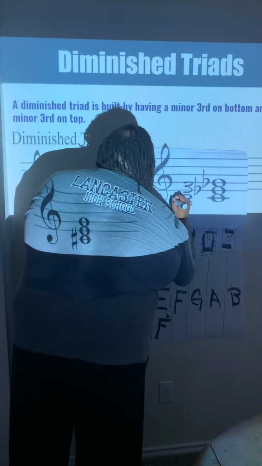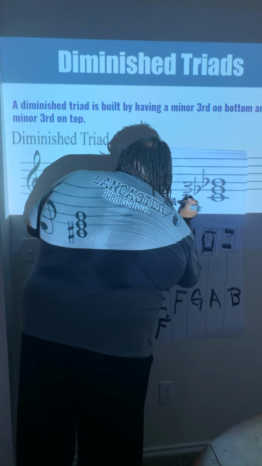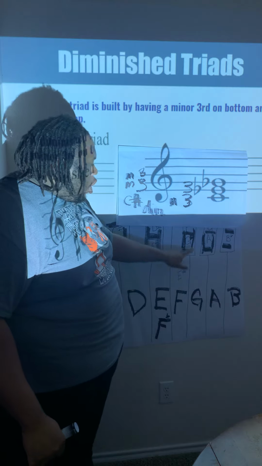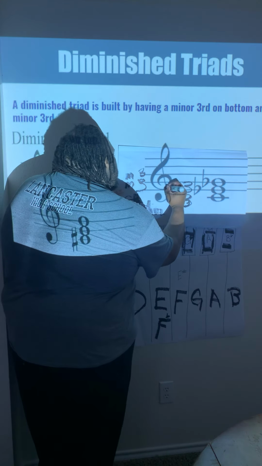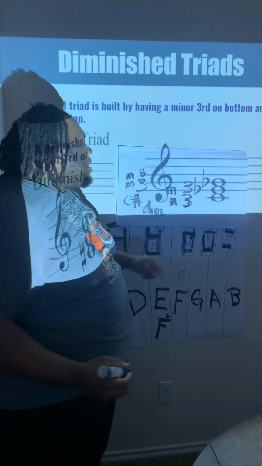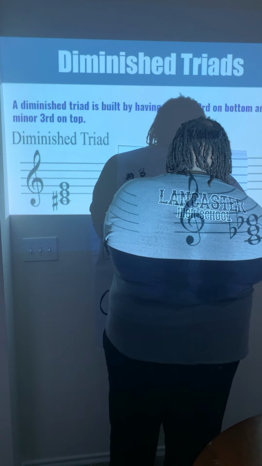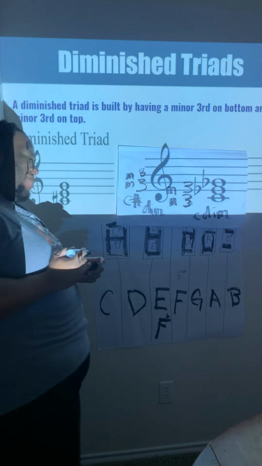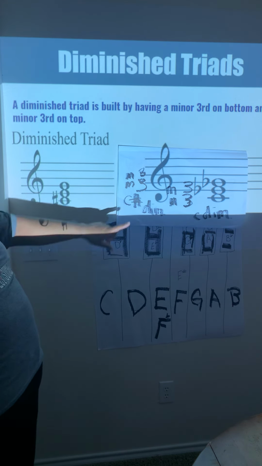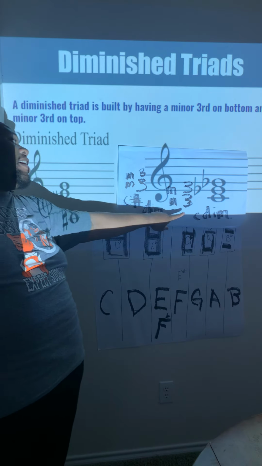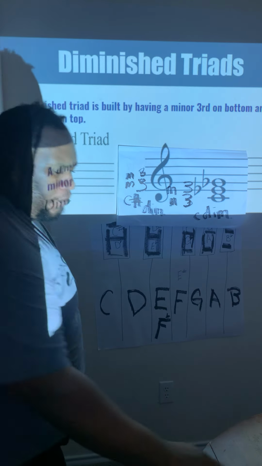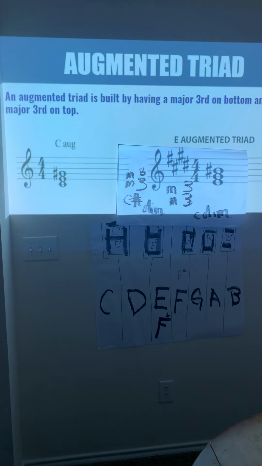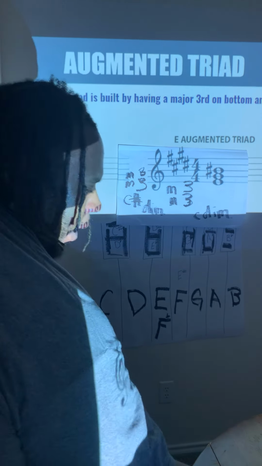Minor. E flat to G flat. Here we go. 1, 2, 3. Minor. That is a C diminished chord. Now, do not get confused. This one is C sharp diminished, and this is C diminished. Okay? And our last triad that we have to worry about, the augmented triad.